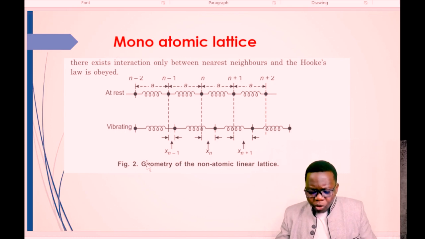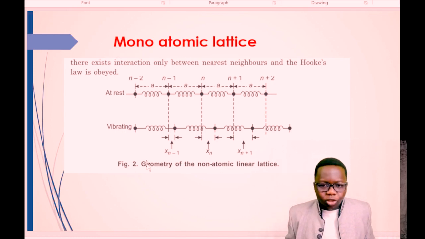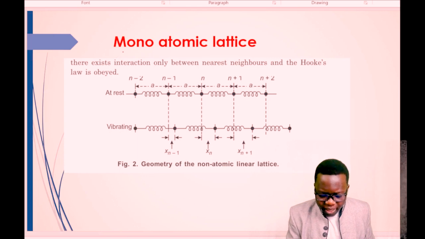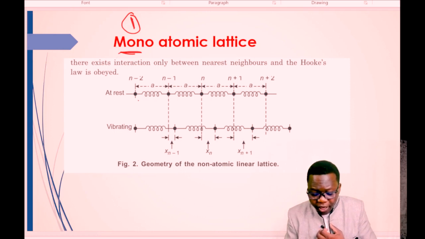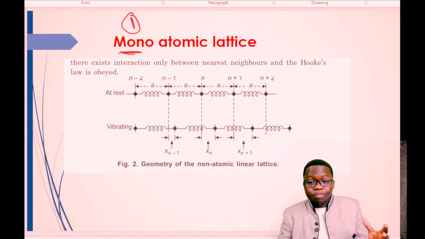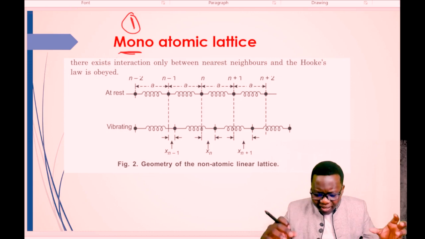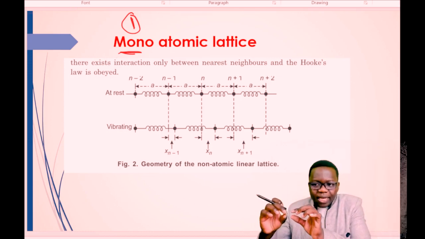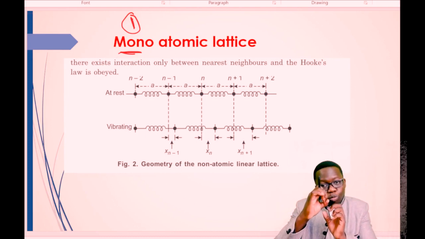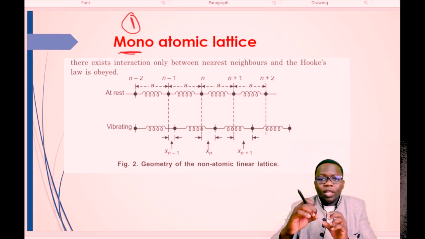So the monoatomic lattice. The word mono tells you it's a single atom. Why do we say single atom and yet we see different atoms indicated? Look at an example of a net, a football net. Those joints can have some small balls which we can call atoms.